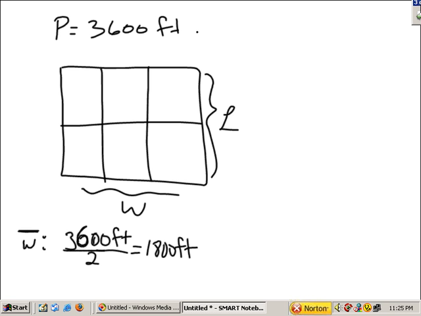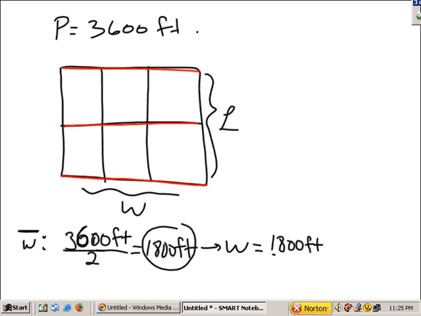Well, how many pieces of fencing do you need to put left and right? It's horizontal. Well, you need this piece, you need this piece, you need that piece. You need 3 pieces. Not a problem. Now we have what the width is. The width is this number. That's the amount of fencing that we can put left and right. But we need 3 of them. So the answer is 600 feet.